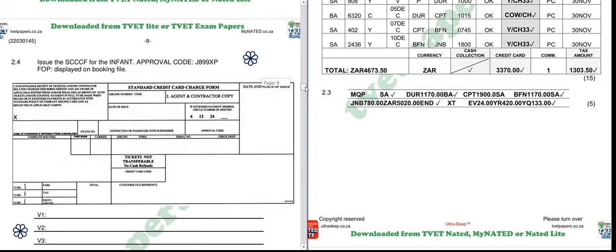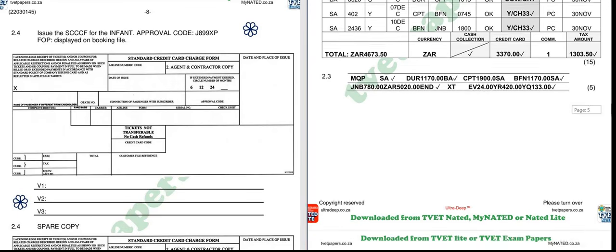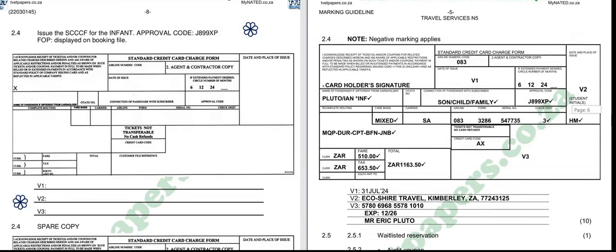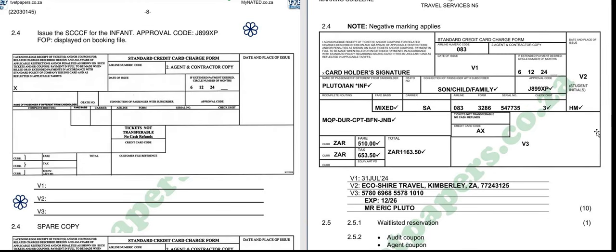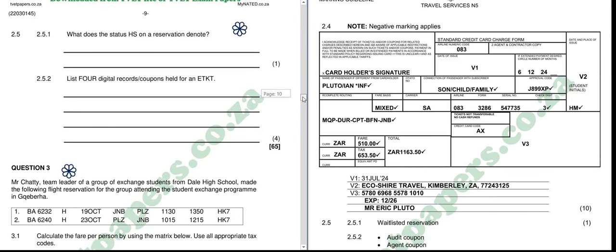Moving on to 2.4, this is our response for 2.4. Then 2.5: what does the status HS on the reservation denote?